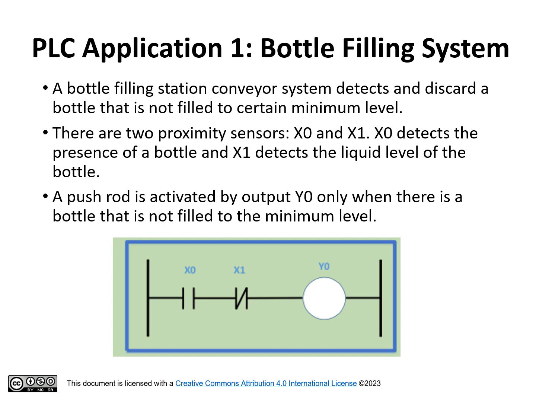Because X1 is normally closed, Y0 is not energized even though X0 is on. If the minimum liquid level is not reached, X1 remains closed, thereby energizing Y0. This will in turn activate the push rod and discard the defective product.